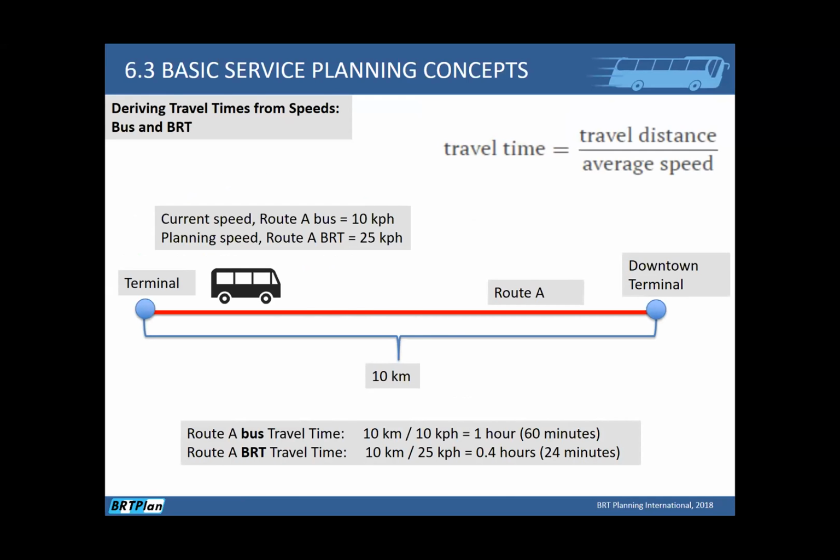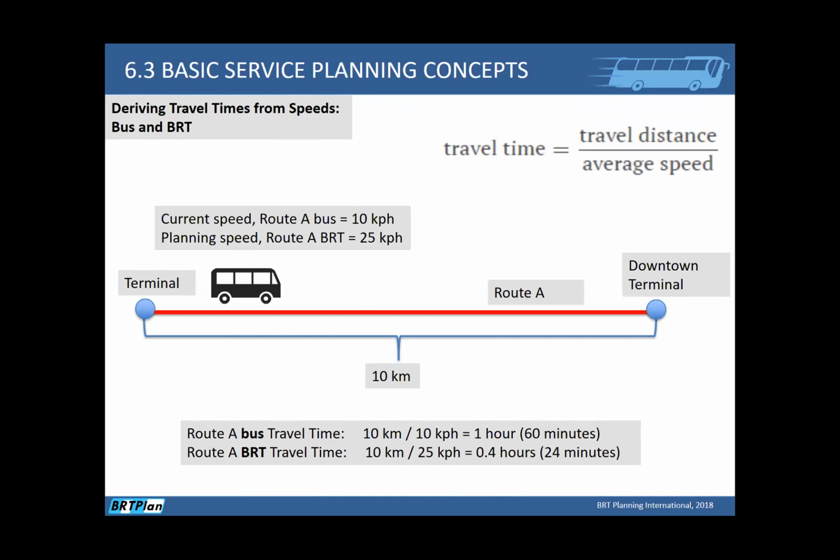Now this is just a little formula that I find I always forget, so we put it in here. If you know the travel time, you can calculate the speed if you also know the distance, etc. So often what we do in the early planning stages is we look at the distance of the corridor. Let's say it's 10 kilometers.